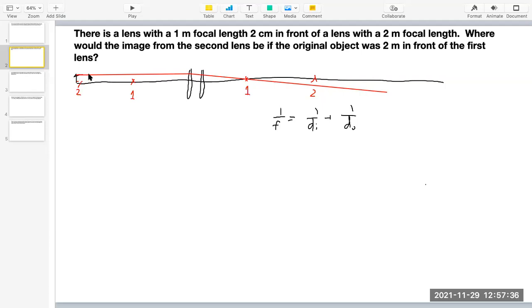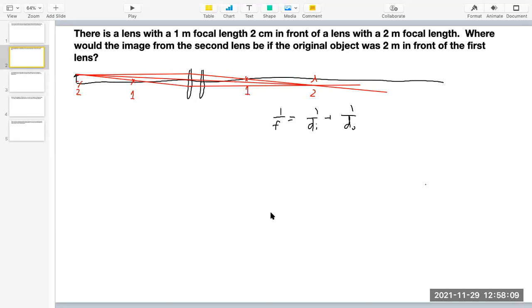And if we go through the center, it'll just keep going. And if it goes through the focus, it goes out parallel. So if you cheat as much as I cheated, you can see it's going to end up 2 meters behind the first lens or so.